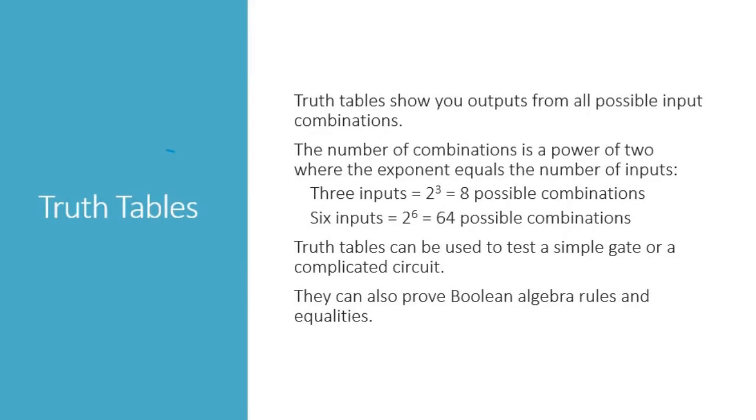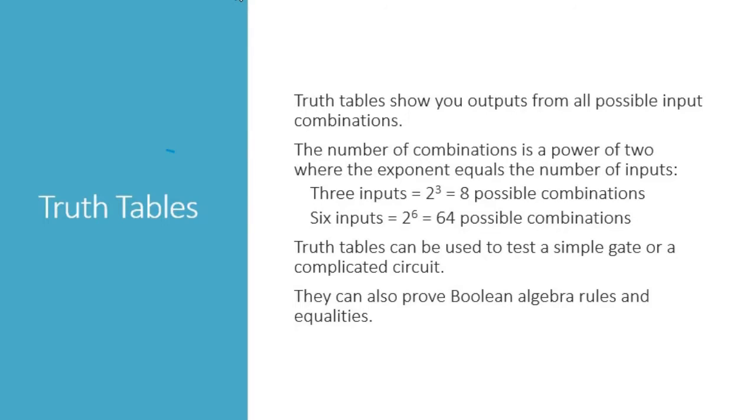We'll use truth tables to determine what all the possible combinations are, what the outputs are for input combinations. Generally, we'll only want to use truth tables if we have 2, maybe 3 inputs, because the number of combinations is a power of 2, where the exponent is the number of inputs we've got. So if we have 3 inputs, we end up having 2 to the power of 3, or 8 possible combinations we have to look at.